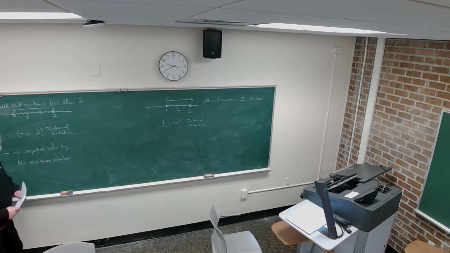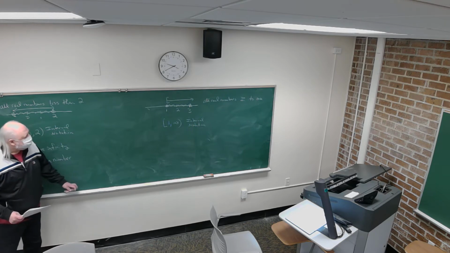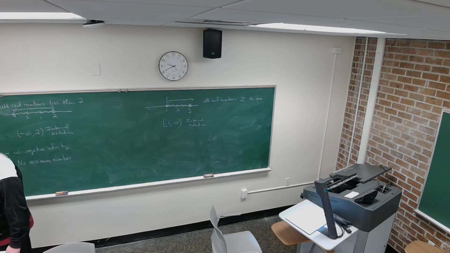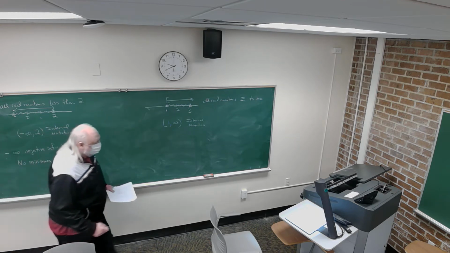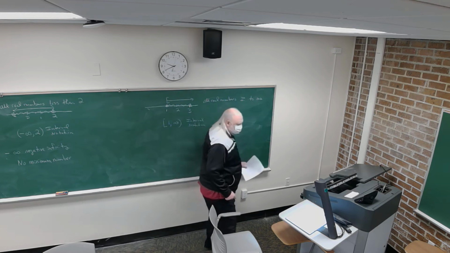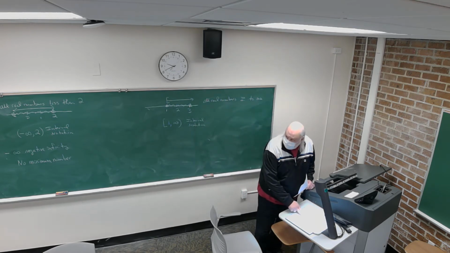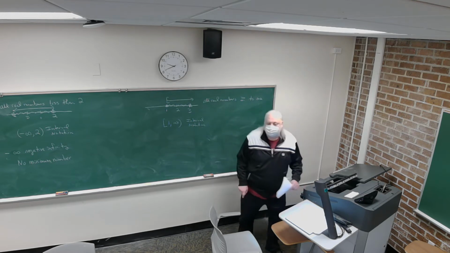So in your web assignment homework, when I release it, you'll get plenty of practice writing in interval notation. So any questions on that? Okay. So let's solve some inequalities. And the solution set to our inequalities will be written in interval notation.